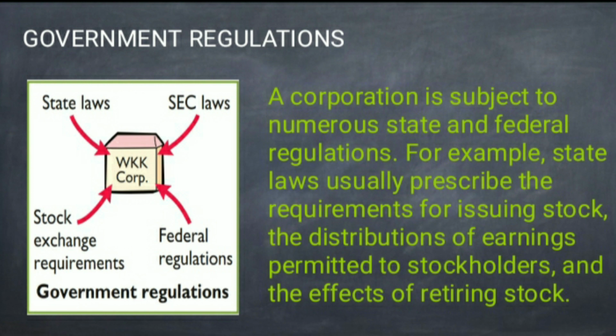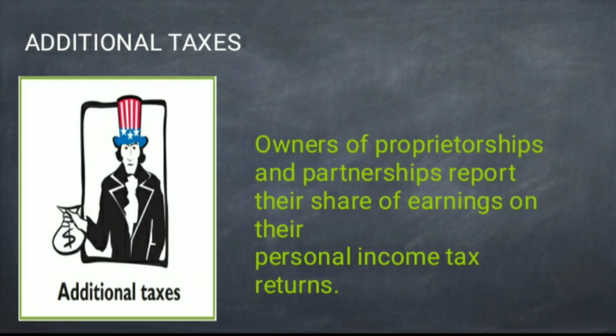For example, state laws will usually prescribe the requirements for issuing stock, the distribution of earnings permitted to stockholders, and the effects of retiring stock. Additional taxes. Owners of proprietorships and partnerships report their share of earnings on their personal income tax returns.